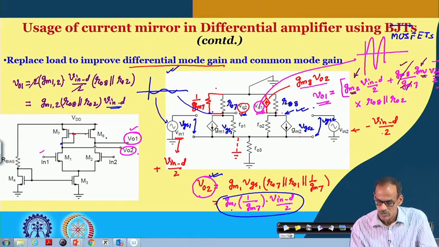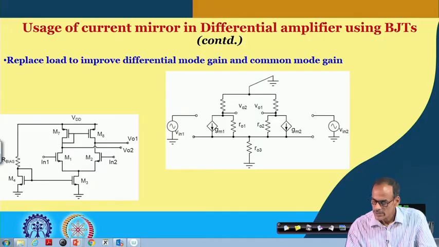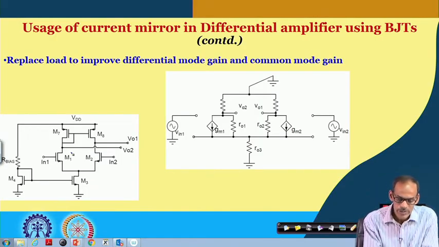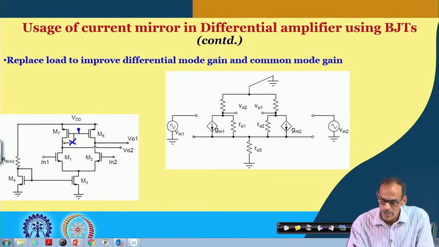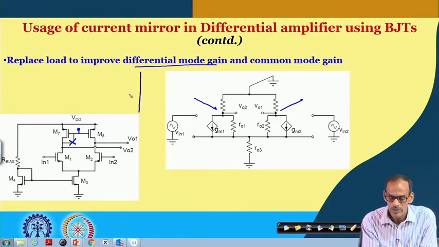So, to summarize what I would like to say here: if this is not connected, and rather this node is coming from independent bias, then the voltage here and the voltage here under differential mode of operation were having equal magnitude.